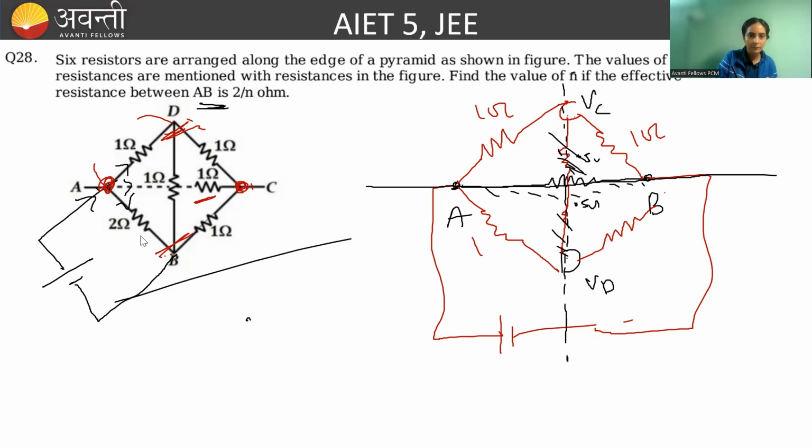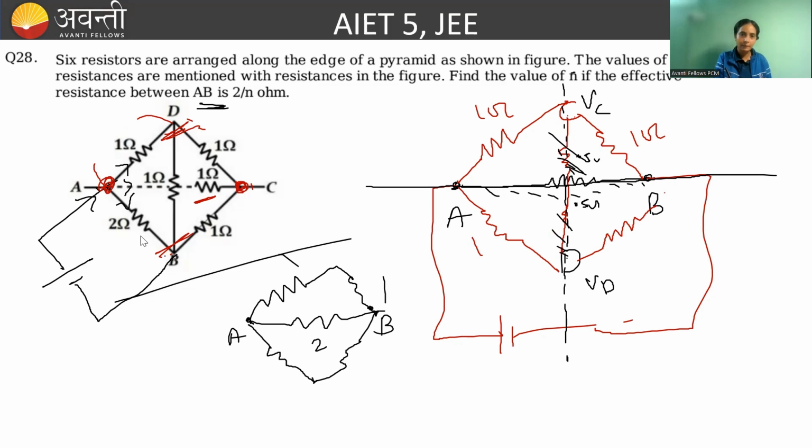So our circuit will get reduced to what? Take this as A and this as B. Now this is 1, this is 1, this arm has been removed, this was 2, and this is 1, again this is 2. Did you understand? This is a vertical line of symmetry. How?